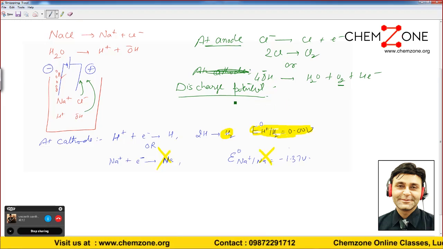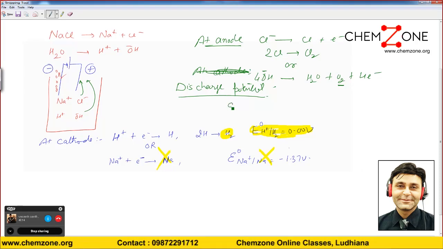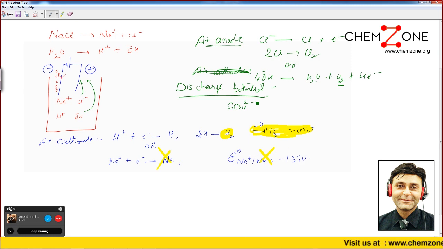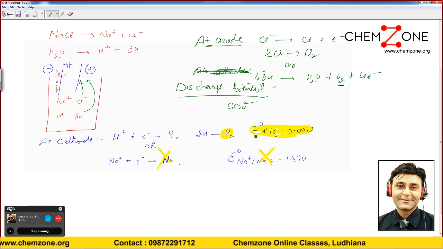For that you have to remember one sequence here. Maximum potential is required to discharge the sulphate ion. After that, it's the nitrate ion.